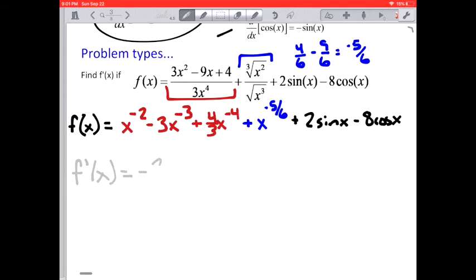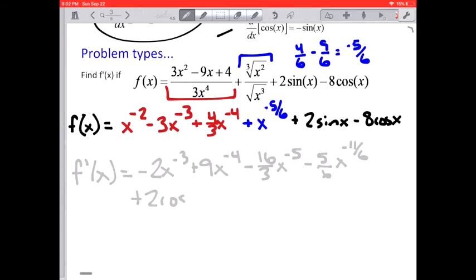And I get -2x to the -3rd plus 9x to the -4th minus 16/3 x to the -5th minus 5/6 x to the -11/6 plus 2 cosine of x plus 8 sine of x, because the derivative of a negative cosine would be a positive sine. The negatives multiply to make a positive. So that would be my derivative.